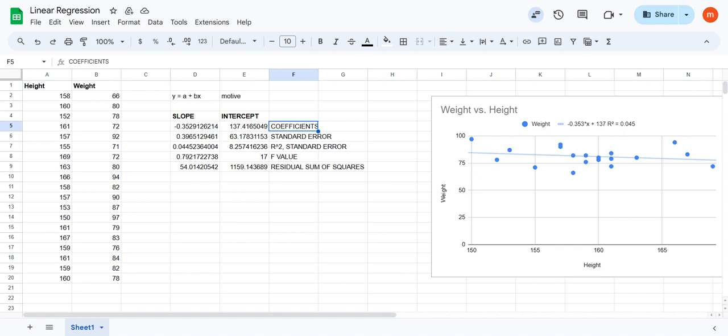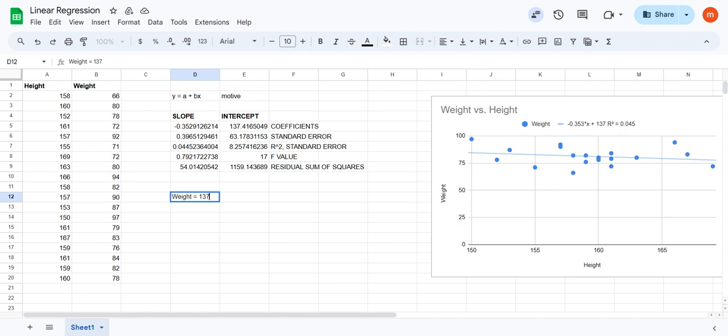So let's just actually go ahead and determine what the equation would be for this particular problem, right? So now recall that our dependent variable is weight, and our coefficient for the intercept is nothing but 137.416.